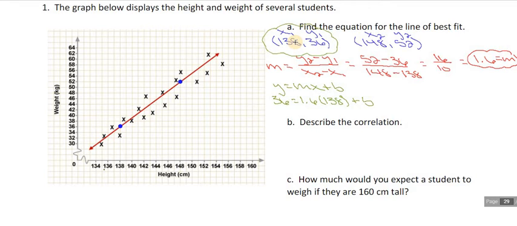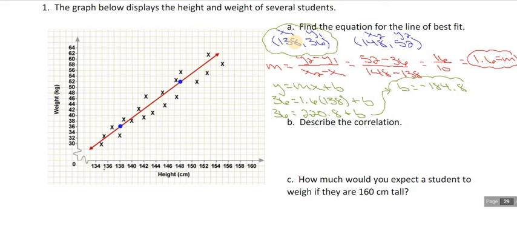So if I do my 1.6 times 138, that leaves me with 36 equals 220.8 plus b. Now I would subtract 220.8 from both sides, and for the sake of saving space, I'm just going to write that result, that my b value then is negative 184.8.